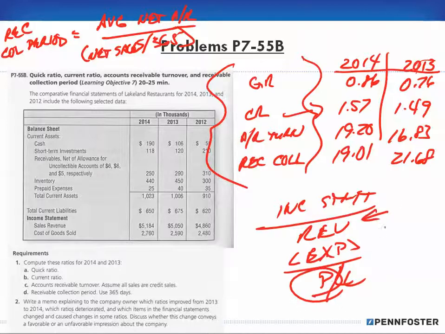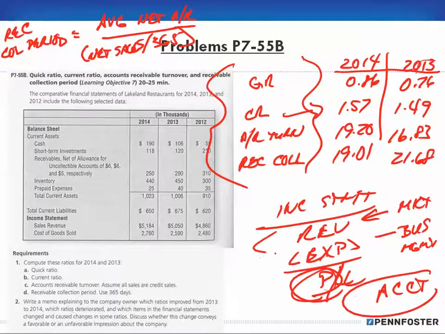Okay, revenues are a function of marketing, and expenses are a function of the operation of the business, from the business management perspective. Those are what is important to a marketing person or a business manager. Business managers deal with expenses, and marketing is there to create revenues, and the difference between the two is a profit or loss. The accountant's job is to quantify, measure, and analyze all of that information.